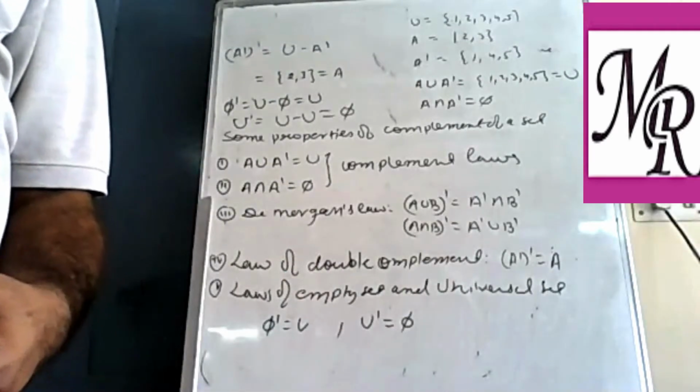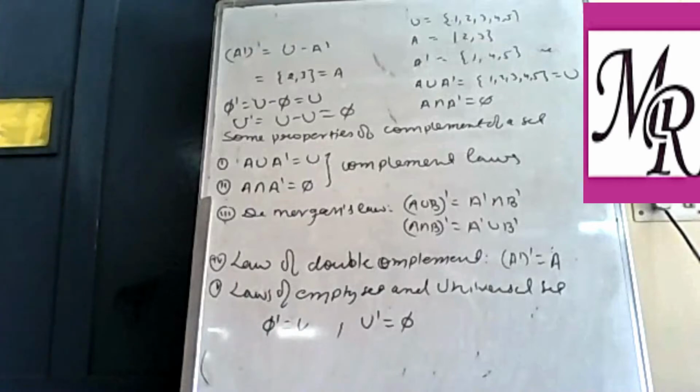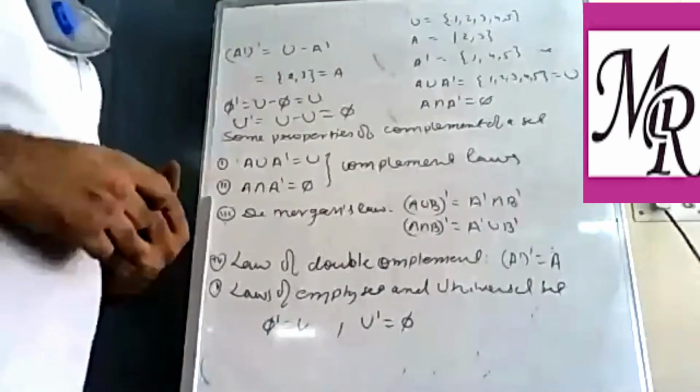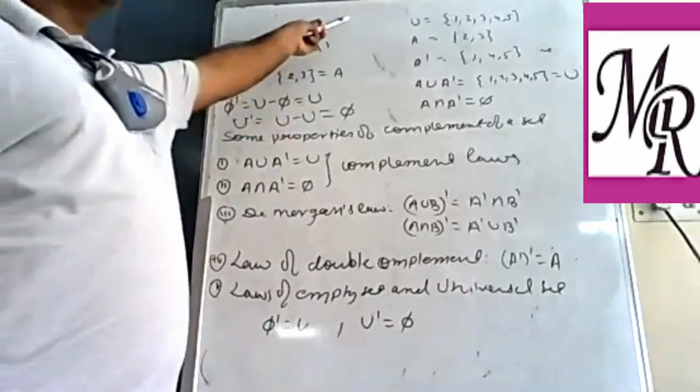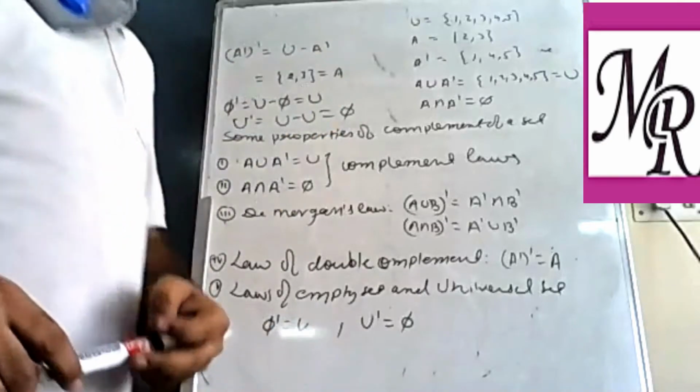So write down these rules. With the help of an example, you can write all these things, correct?